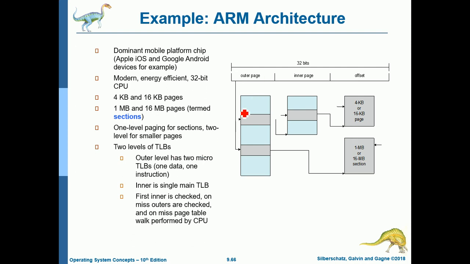It has two levels of TLBs, micro TLBs, and an inner single main TLB. And then this will be composed for a 4 kilobyte or 16 kilobyte page, or 1 megabyte or 16 megabyte for a section.